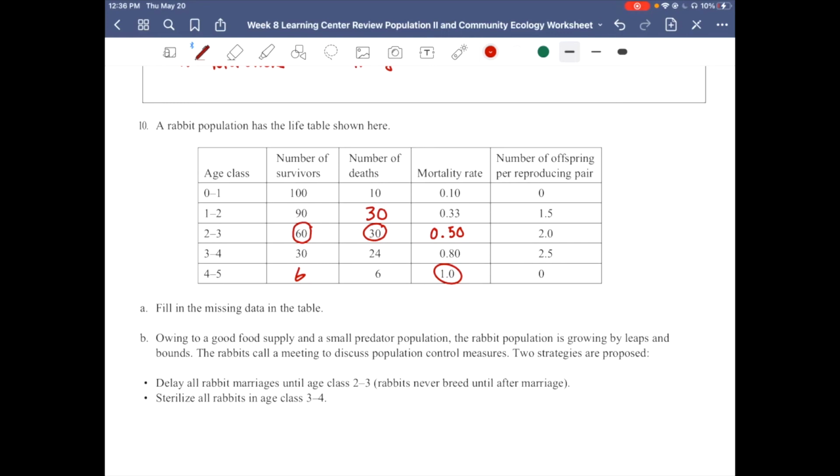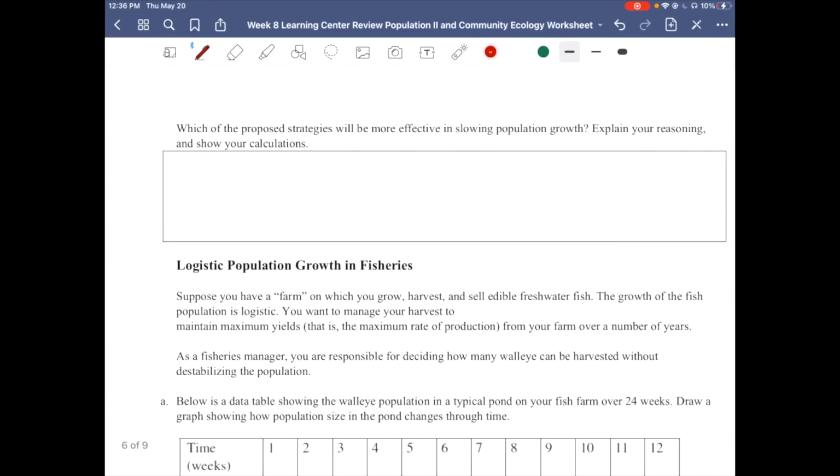Delay all rabbit marriages until age class 2 to 3, with the assumption that rabbits never breed until after marriage. And the other one is to sterilize all rabbits in ages 3 to 4. And then it's asking us which of the following proposed strategies will be more effective in slowing the population down.